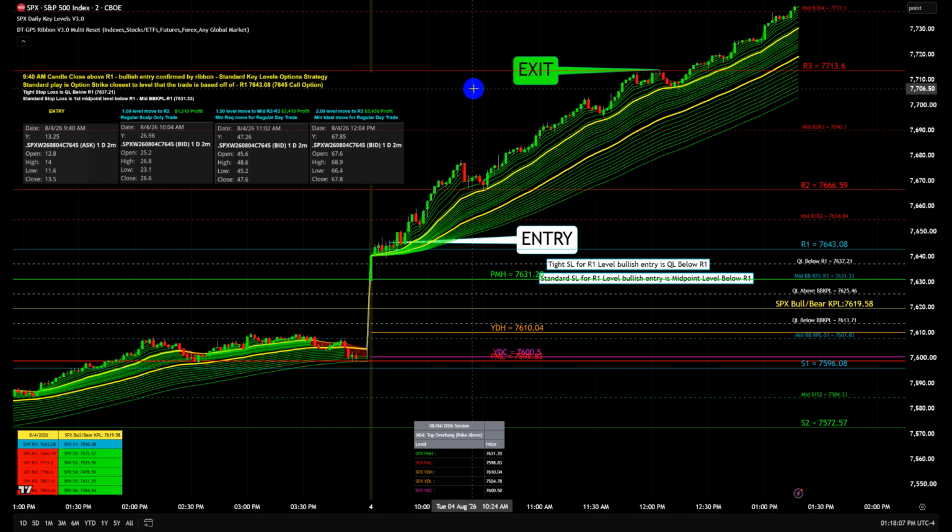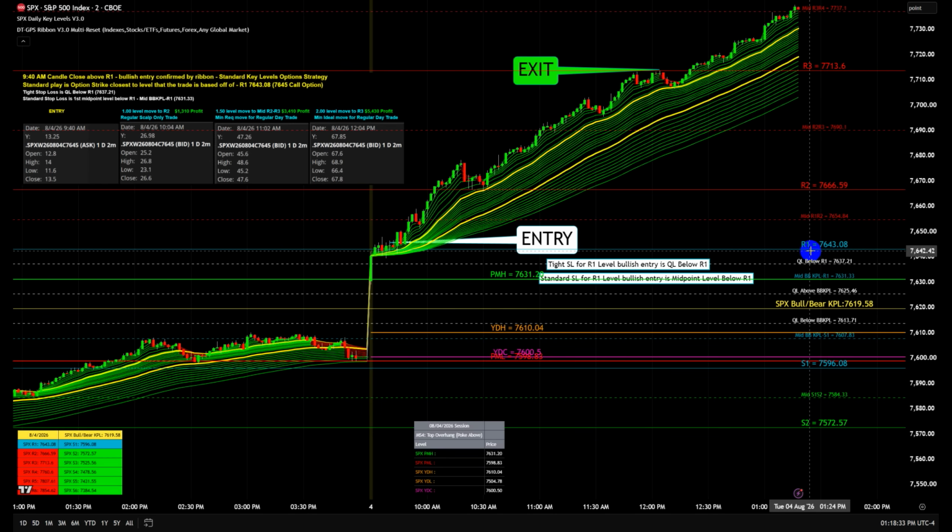Now, the other two targets are going to be for a regular day trade. A regular day trade has at least a minimum required target of a 1.5 level move in your favor or a 2-level minimum ideal move in your favor. So a 1.5 level move in your favor is going to be 1.5 levels from the level that the trade is based off of.